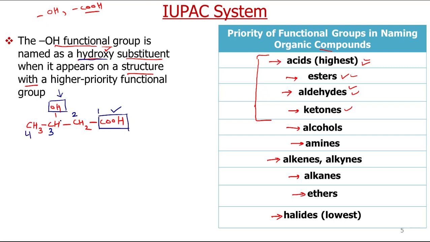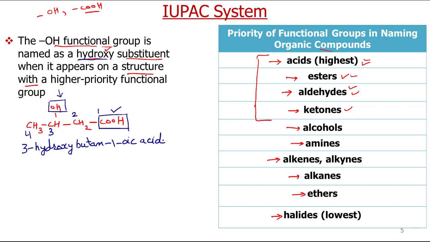Now this OH group is present at the third carbon, so we will write 3 hydroxy. The name prefix for OH is hydroxy. Now this chain contains 4 carbons, so butane, and at one position we have oic acid.